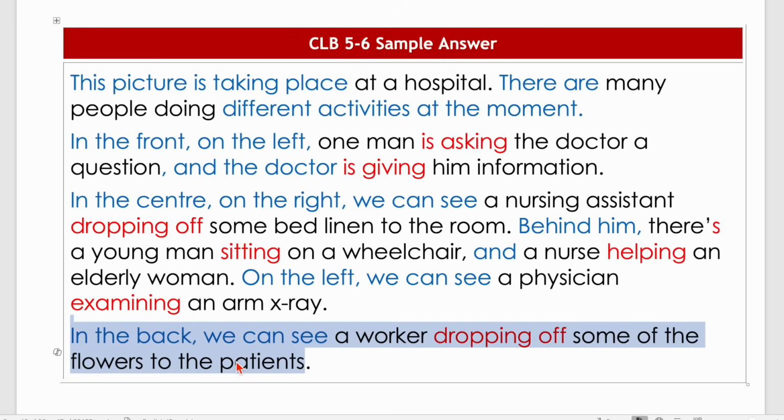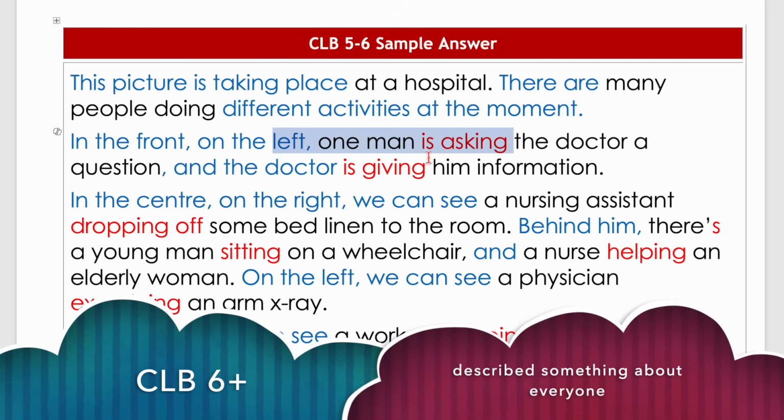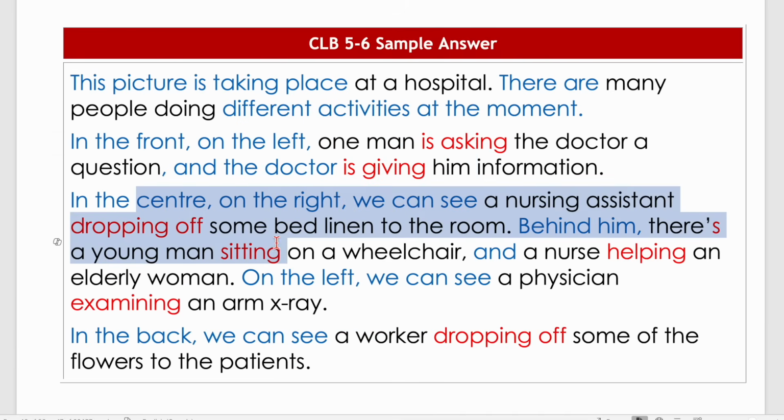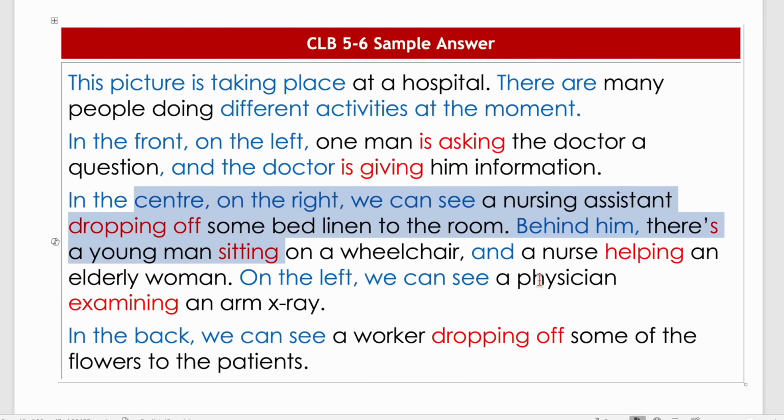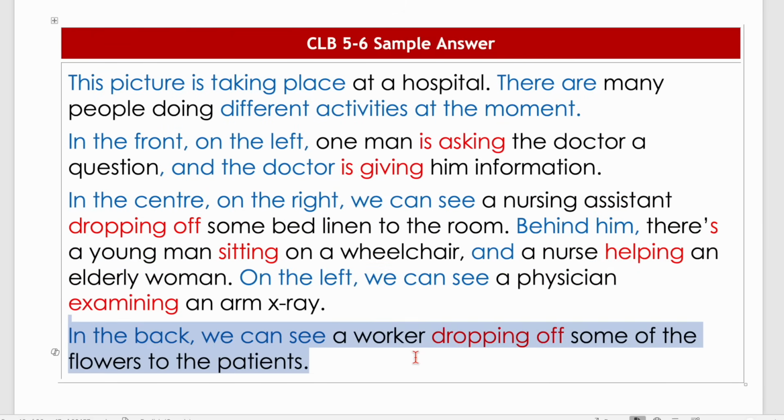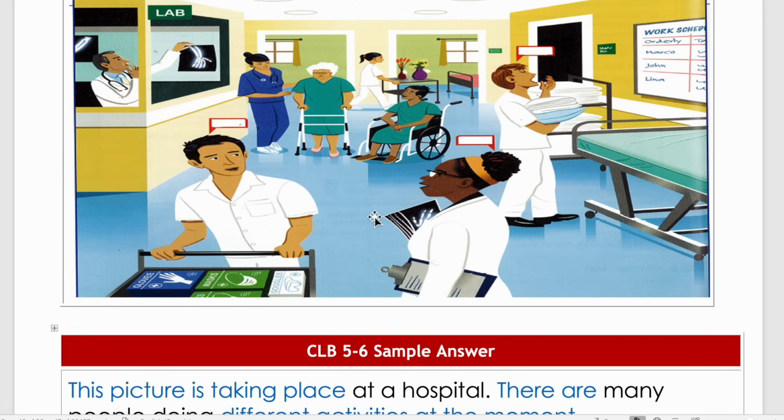It's also 6 plus because we gave really good ideas, okay? And we used present continuous. That's very important, okay? And we described everything. That's what level 6 should do. Describe everything. The people at least, okay?